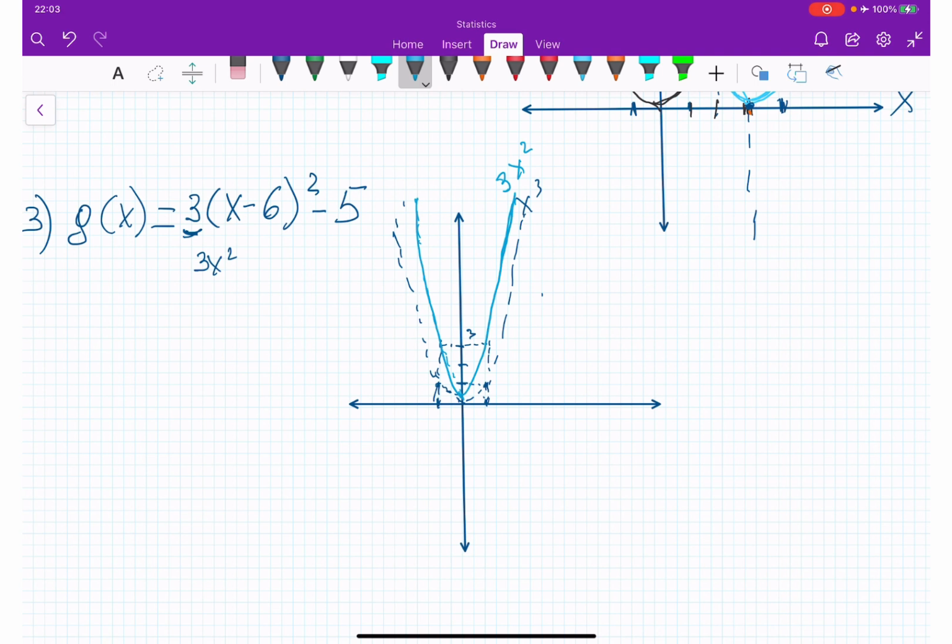3x squared, I have to shift by 6, positive 6. Let's do it. 1, 2, 3, 4. 4 is this. 3, 4, 5, 6. Okay, I'm going to shift by 6, which means I'm moving this y-axis here.